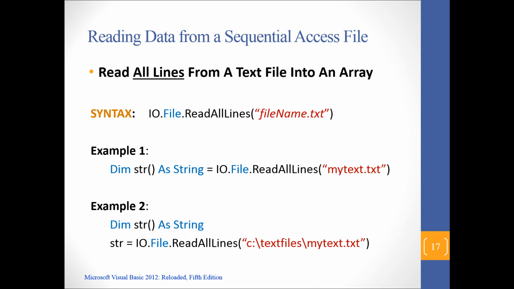If you're reading a text file from somewhere else outside of that program, you can specify the direct location of the file. So you can say it's on my C drive, inside a folder called text files, and that's the name of the text file. You can have the complete link to that file to read it as well.